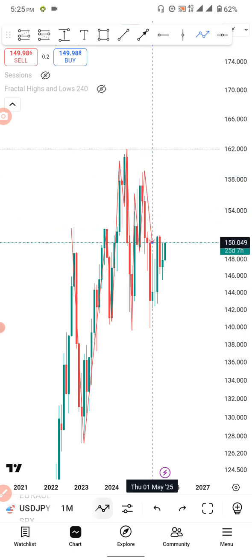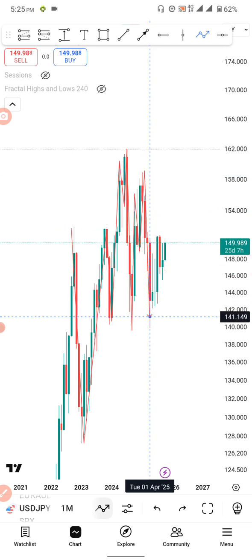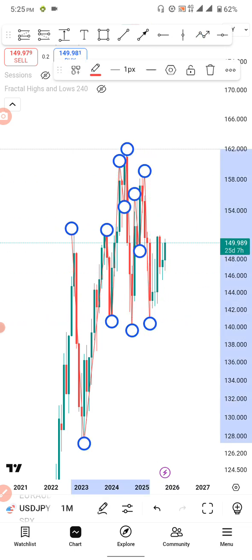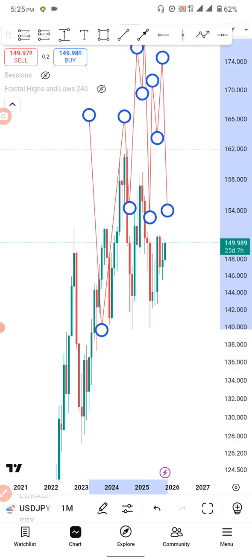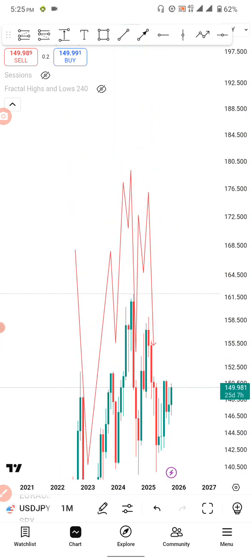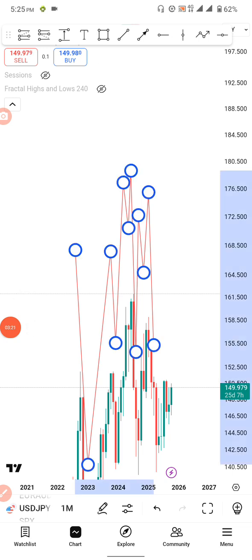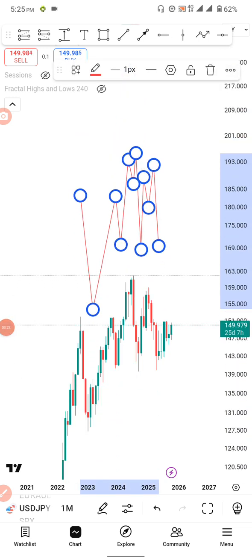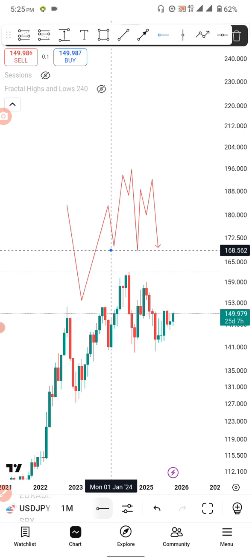I think you can see the recent area of liquidity that we have, which is this one.